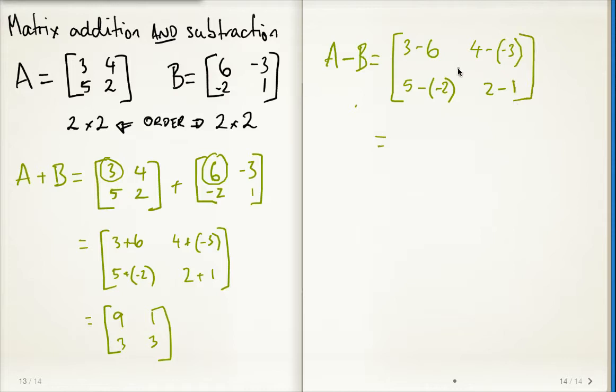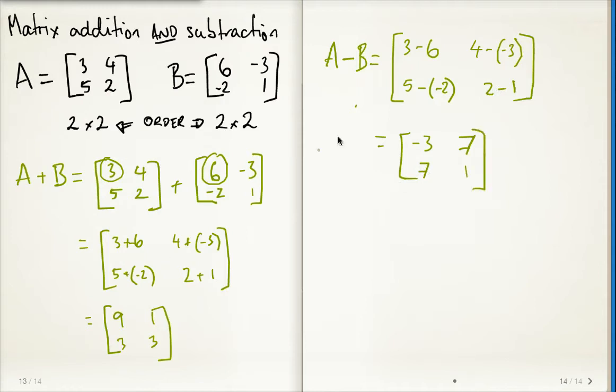Alright, and now I just evaluate each of those elements. So 3 minus 6 gives me minus 3. 4 minus -3, so it becomes 4 plus 3. So I get 7 here. Again, 5 minus -2, 7. And 2 minus 1 is 1.